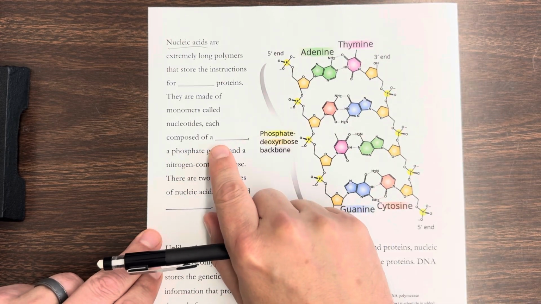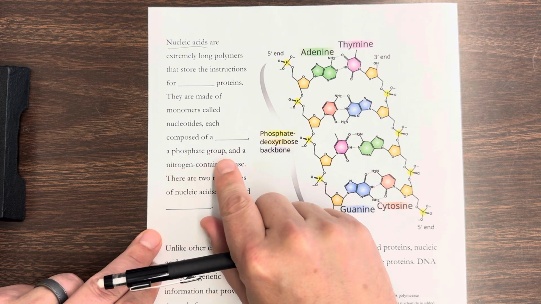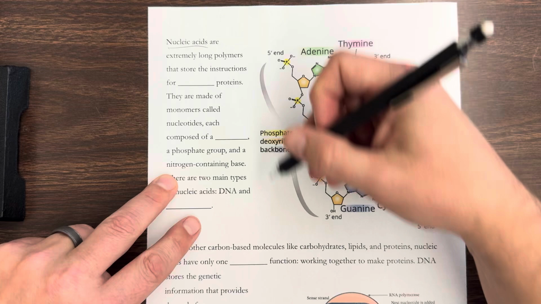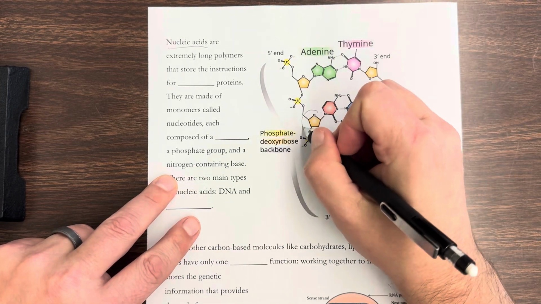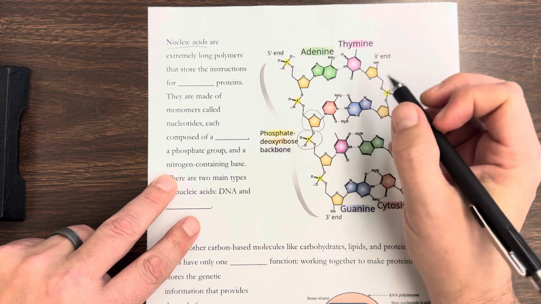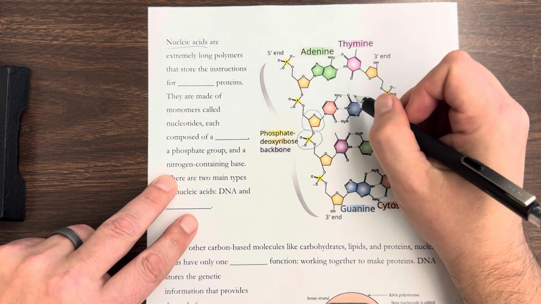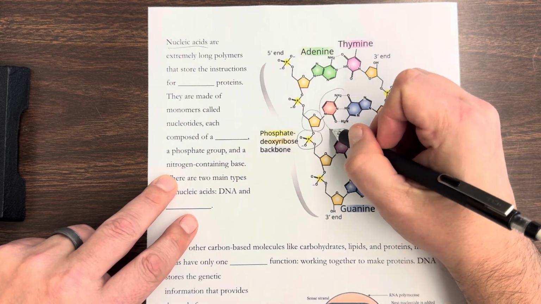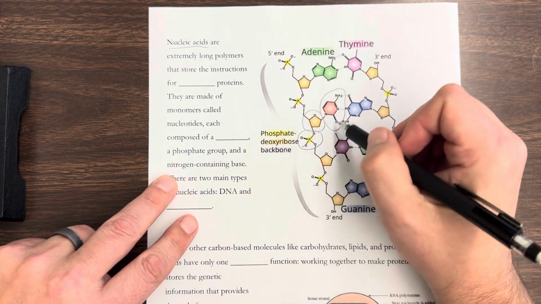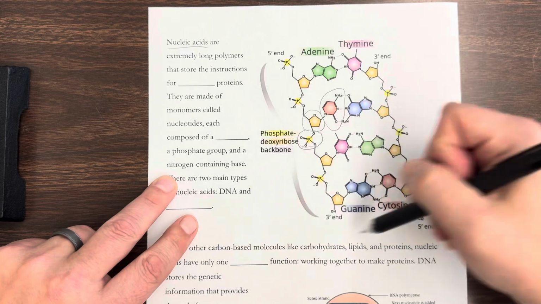Each composed of a sugar, a phosphate group, and a nitrogen-containing base. So here's a DNA, and we have the sugar here. We have the phosphate bases, and then we have the nitrogen-containing base. This is a nucleotide. So this is the monomer of DNA.